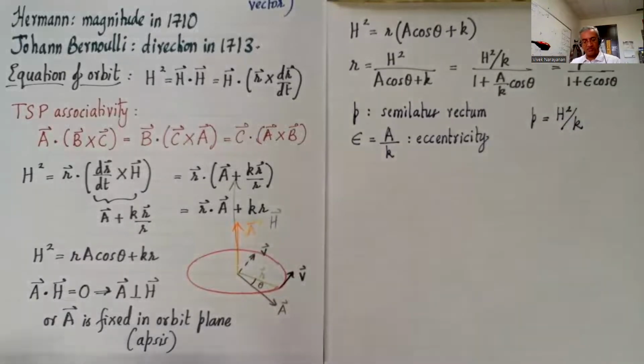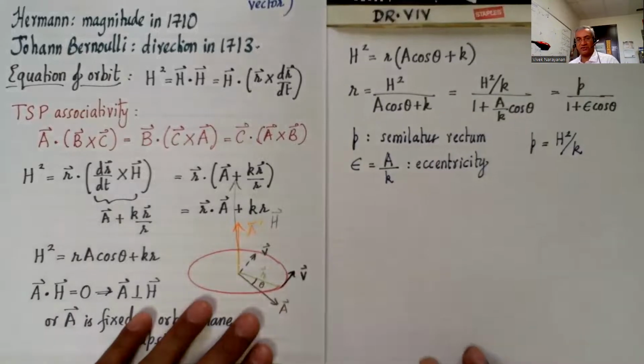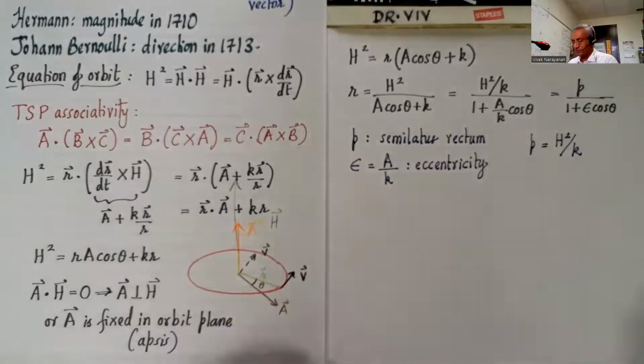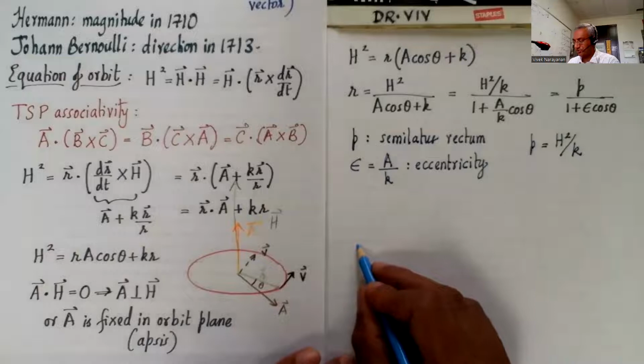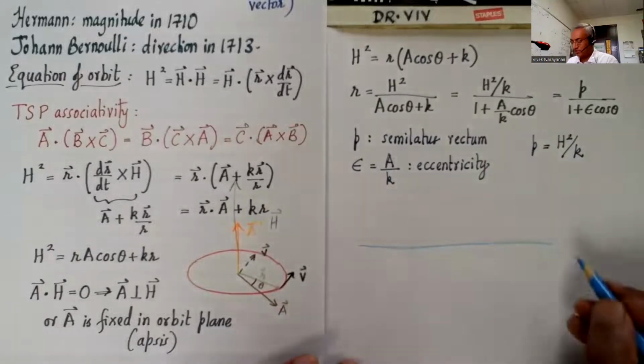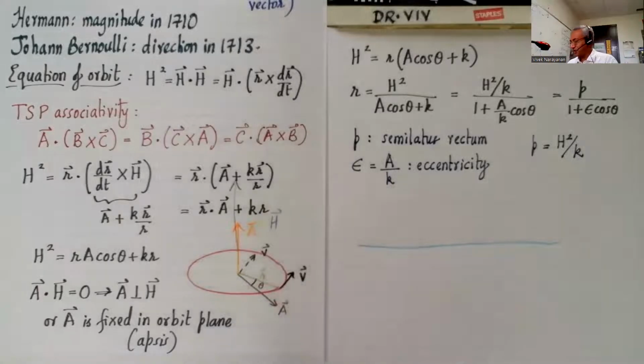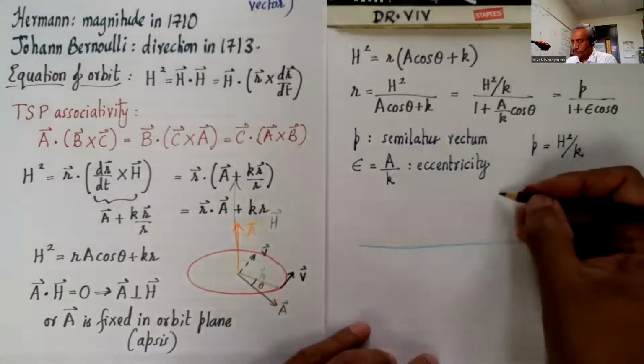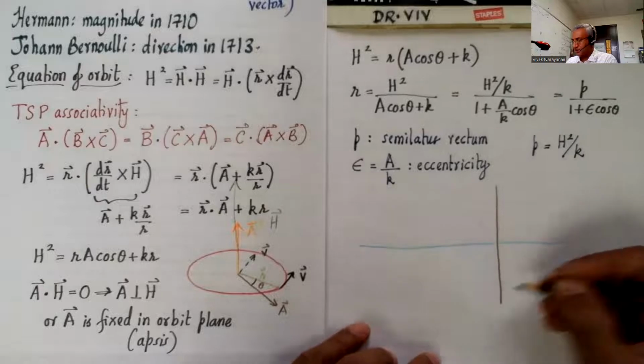Now, there's a construction of the ellipse that I'm going to outline. I won't give you the full details of how this construction comes about. I'll just give the various names. So here you have the major axis. I'm extending it. And the line perpendicular to the major axis is known as the directrix.